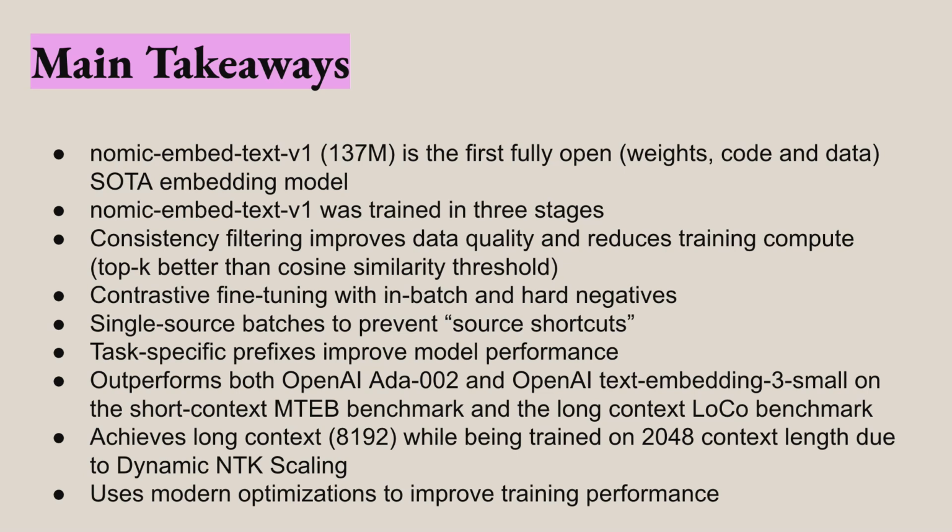The Nomic Embed Text v1 model outperforms both OpenAI Ada-002 and OpenAI Text Embedding 3 Small on short context and long context benchmarks. They achieved this long context of 8,192 tokens while only training on a 2048 context length by using what is called Dynamic NTK Scaling. And they use modern optimizations to improve training performance.